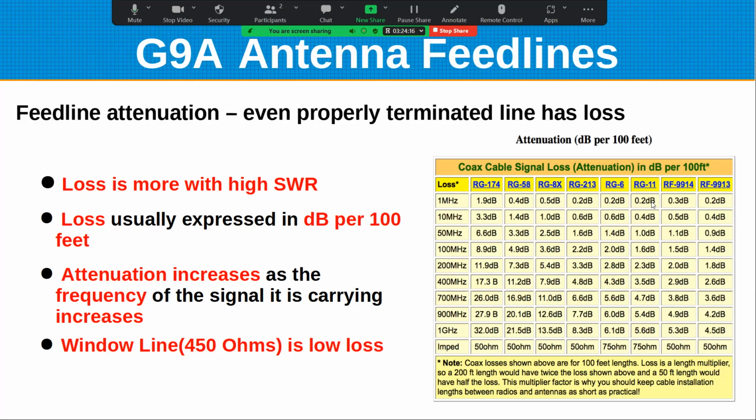The key, though, is that loss increases with frequency. And as you go up in the size of the coaxes, if you go across from left to right, they have less loss because they're larger diameter, so the separation is more, and they have better insulation dielectric.